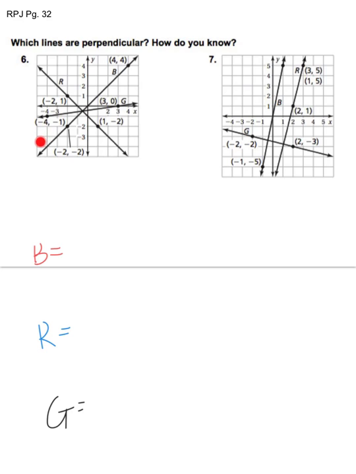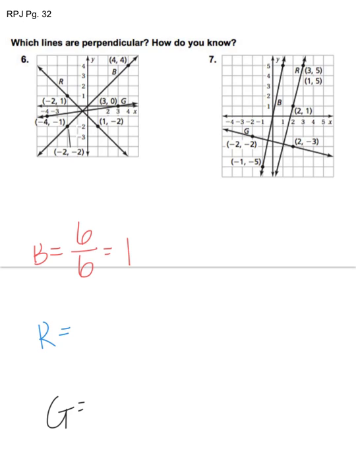I'm going to start with line B, which is this middle one. Just by looking, I can tell it's positive. So I count up and over, and I get 6 over 6, which is the same thing as a positive 1.